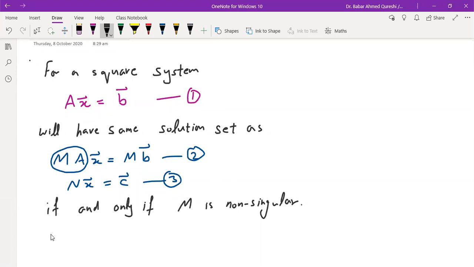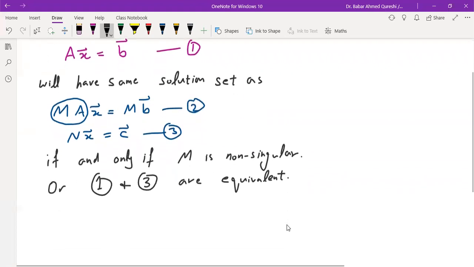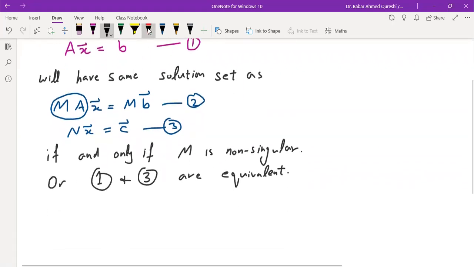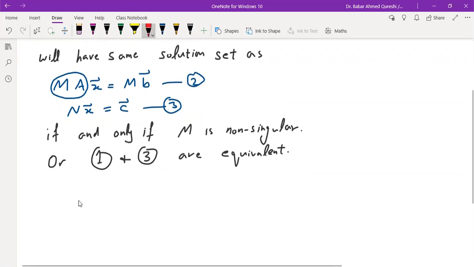Or in other words, system 1 and 3 are equivalent. They're one and the same thing. We proved this last time, but let me quickly go through the proof again so that you recall.